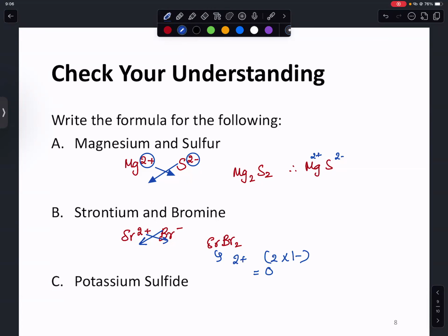So we have an overall charge of 0. Again, potassium sulfide. Potassium is in group 1, loses 1 electron. Sulfide, as we did in the previous example, nonmetal, gains 2 electrons. Crisscross method. My apologies, my pen is lagging. And we have here K2S.